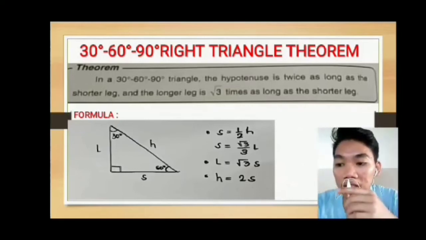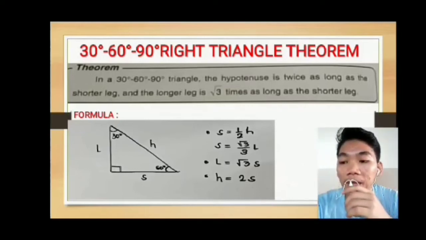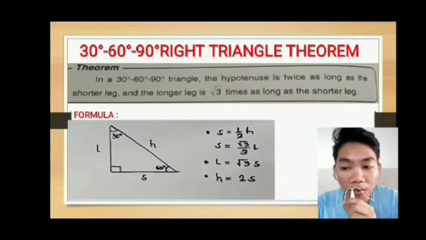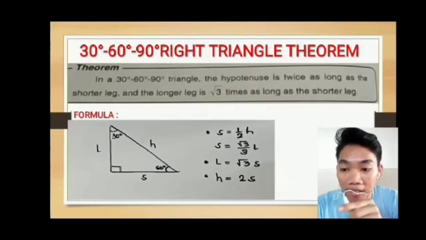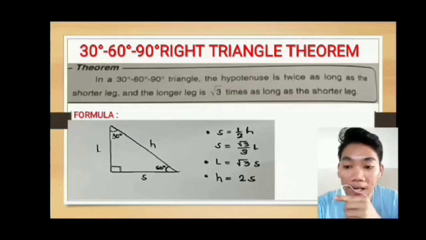So, ang formula natin kapag shorter leg yung hinahanap natin is 1/2 times hypotenuse, kapag given yung hypotenuse. Pero kapag hindi given yung hypotenuse at given yung leg, shorter leg is S is equal to square root of 3 over 3 times the leg.